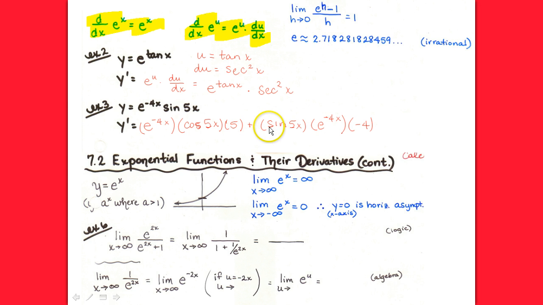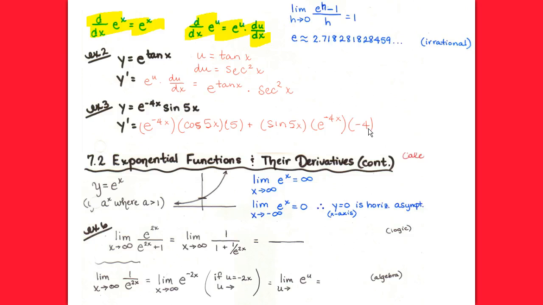So we've got our second, and then here's the derivative of the first. It's the derivative of the outside times the derivative of the inside. It's e to the u times the derivative of u in terms of x. So the derivative of negative 4x was negative 4.